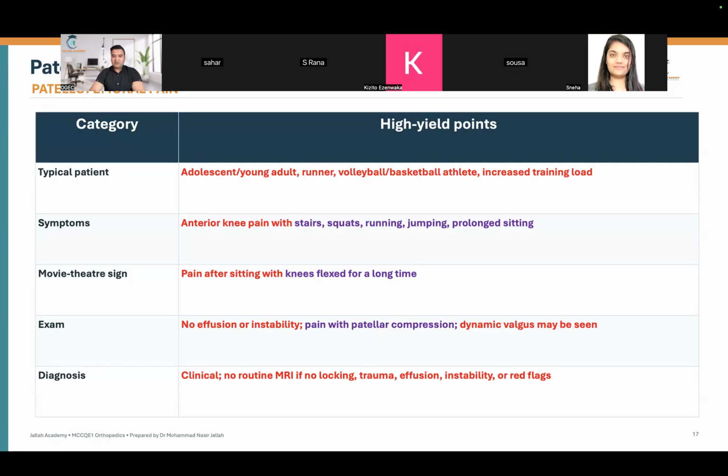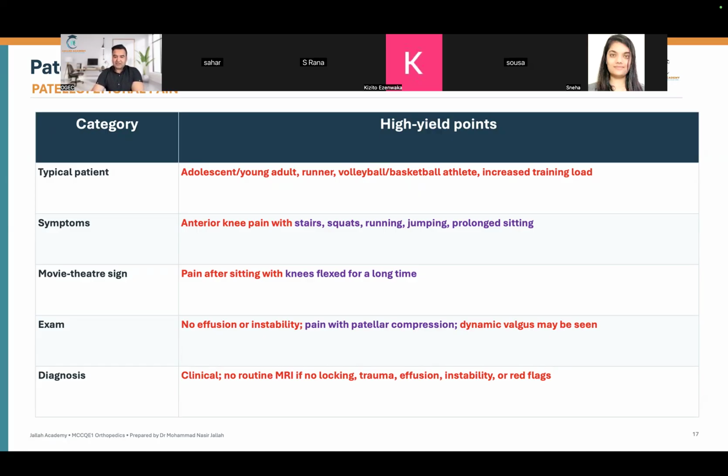That's why they call it the movie theater sign, because if you're watching a movie, it usually takes around 1 to 3 hours to finish, right? So in that case, you have to keep your knee flexed, and it really bothers everybody, right? So pain after sitting with the knee flexed for a long time is one of the characteristic findings of patellofemoral syndrome.